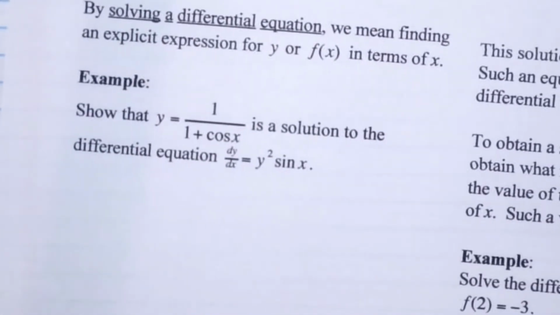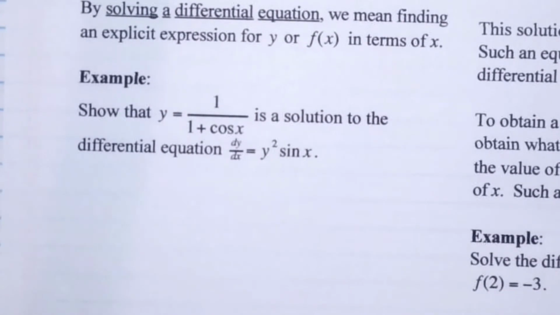So, for instance, let's show that y equals 1 over 1 plus cosine x is a solution to the differential equation dy over dx equals y squared sine x. All right.